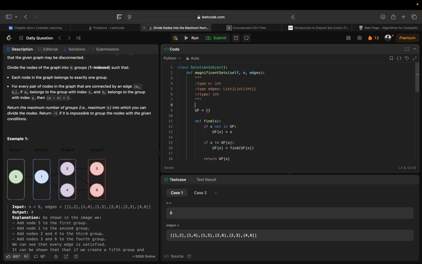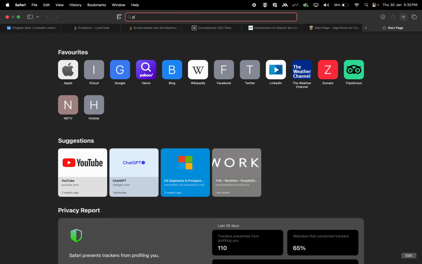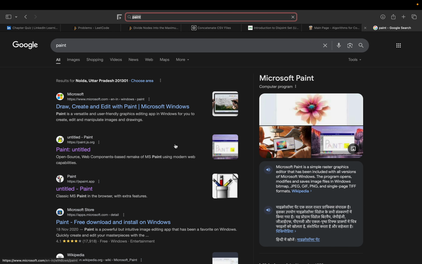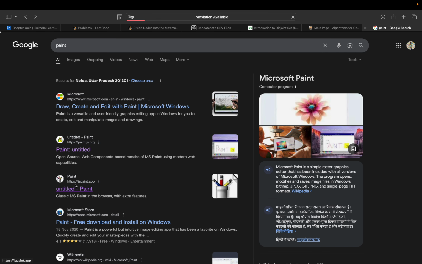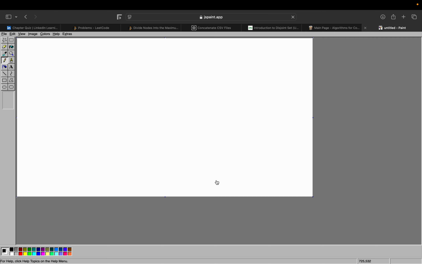let me open the paint, right? Let's say we have node 1, node 2, and node 3. This is the case.